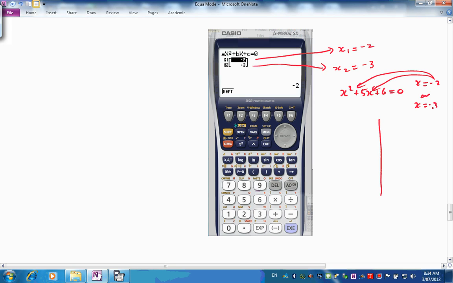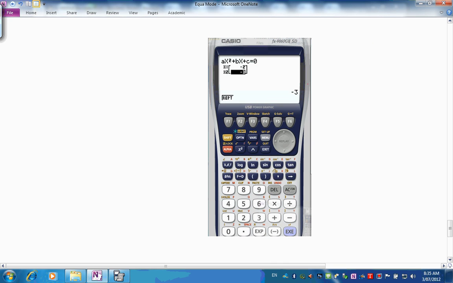And if you remember back to graph mode part 2, what we were saying is these are the values here, -3 and -2, where the graph of the function cuts the x-axis, because along the x-axis that's when y is 0. So that's good. If you hit execute again now, you can see it highlights the second one, which is -3.